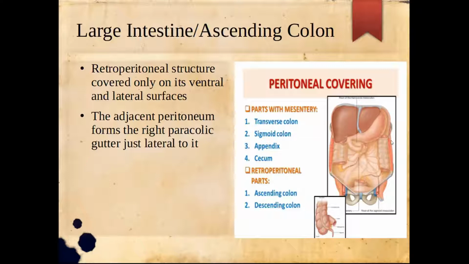This is the left paracolic gutter beside the descending colon, and this is the right paracolic gutter beside the ascending colon, between the colon and the posterolateral surface of the abdominal wall.